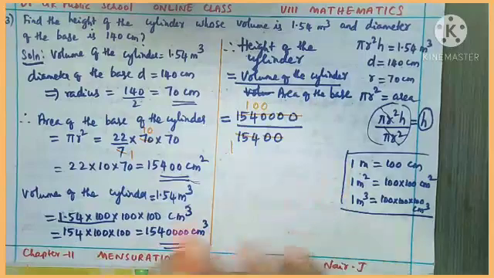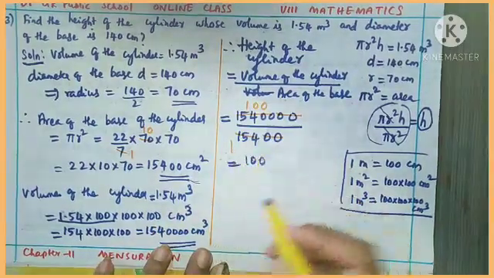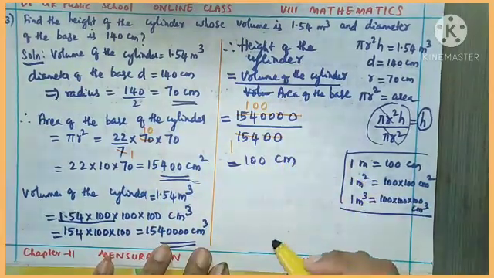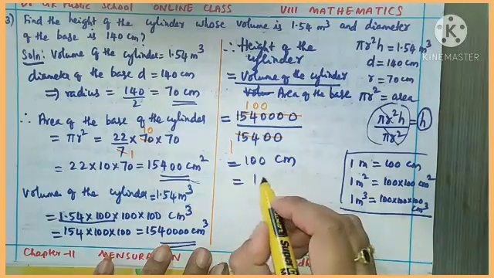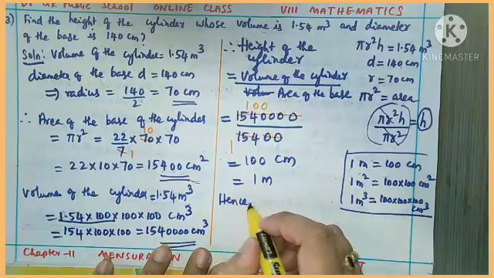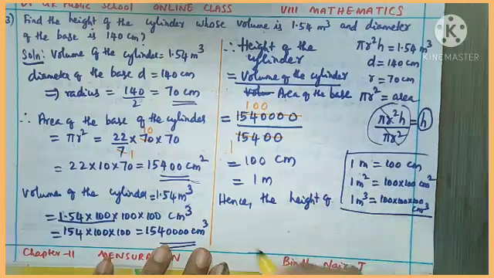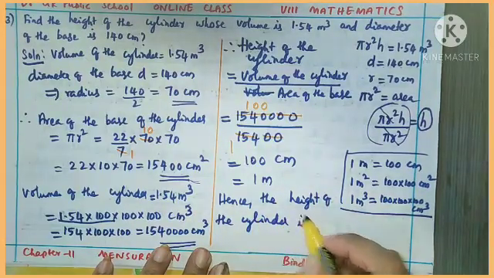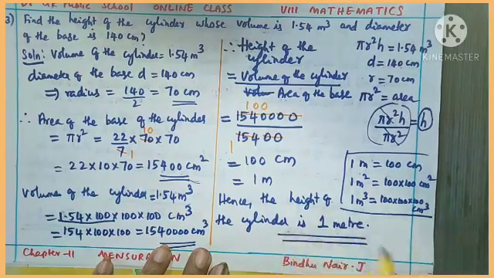So the answer is 100. What we find out here? Height. So height is 100 centimeter. Okay. You can write even 100 centimeter is equal to 1 meter also. Both are same. Hence, the height of the cylinder is 1 meter. That is the answer.